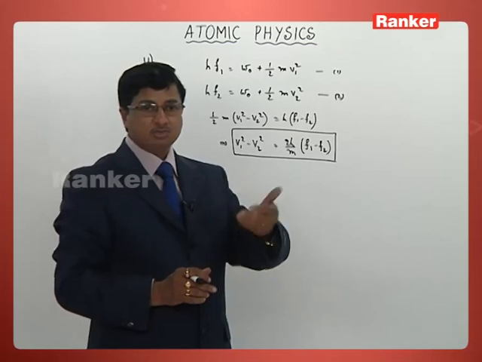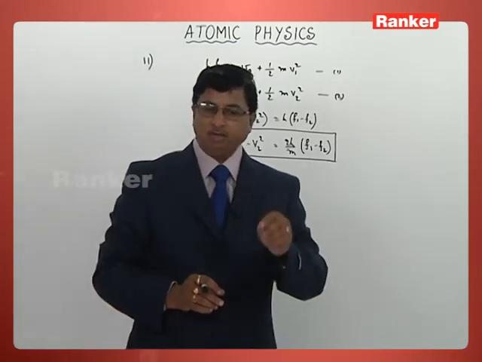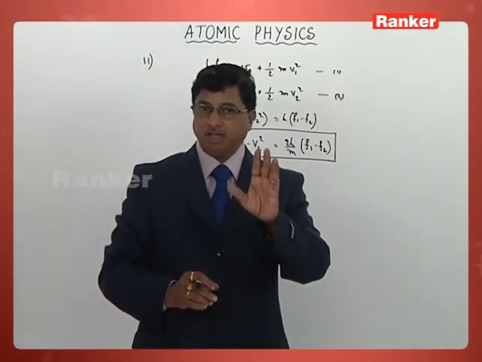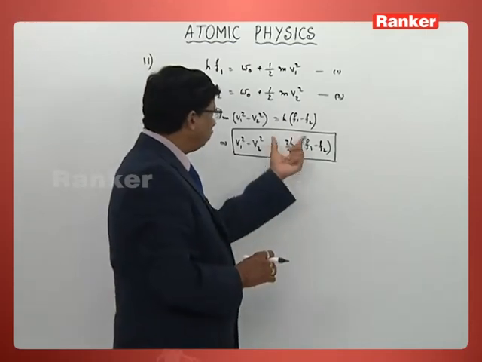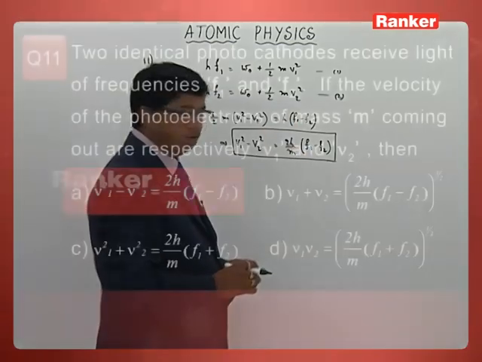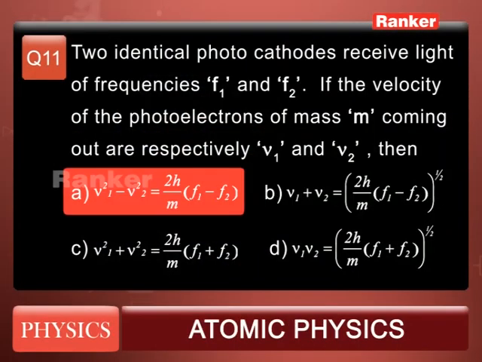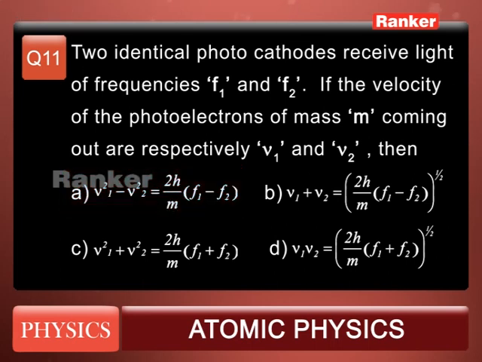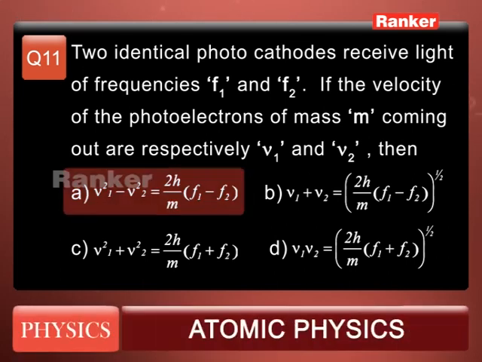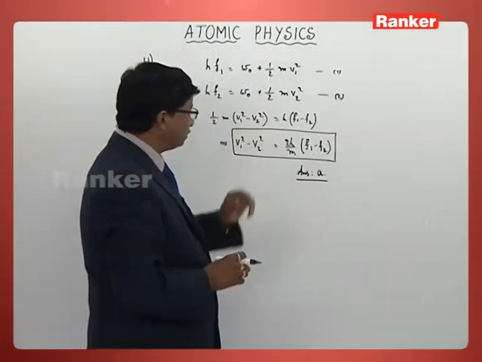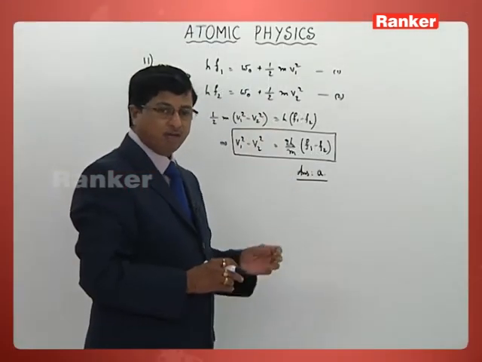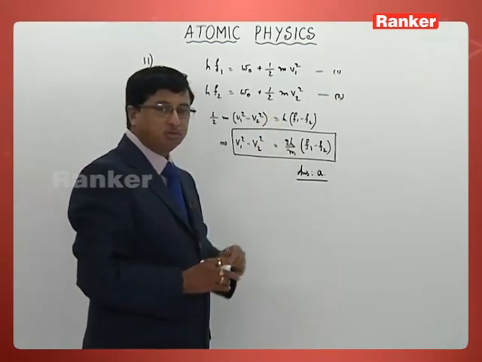Look at those options which I have read earlier. The very first option is exactly tallying with the outcome of our calculation here. So the correct answer for problem number 11 is A. That is actually the concept we have to understand. In fact, the problem is not something new.